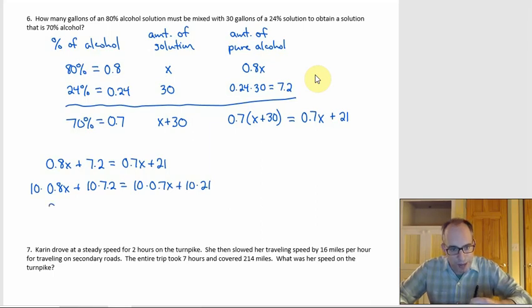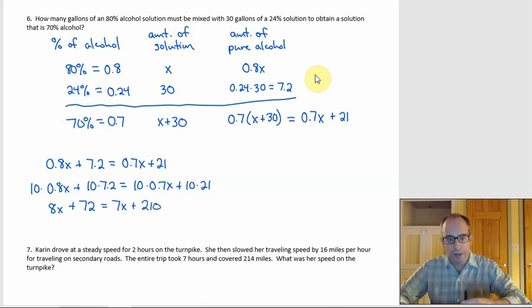So 10 times 0.8 is 8. So we'd have 8x. And then plus 10 times 7.2 is 72. Then 10 times 0.7 is 7x. And 10 times 21 is 210. And let's see, then from there, we could subtract 7x from both sides.